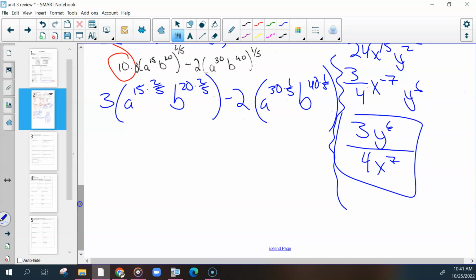What would our new exponents become? For both?